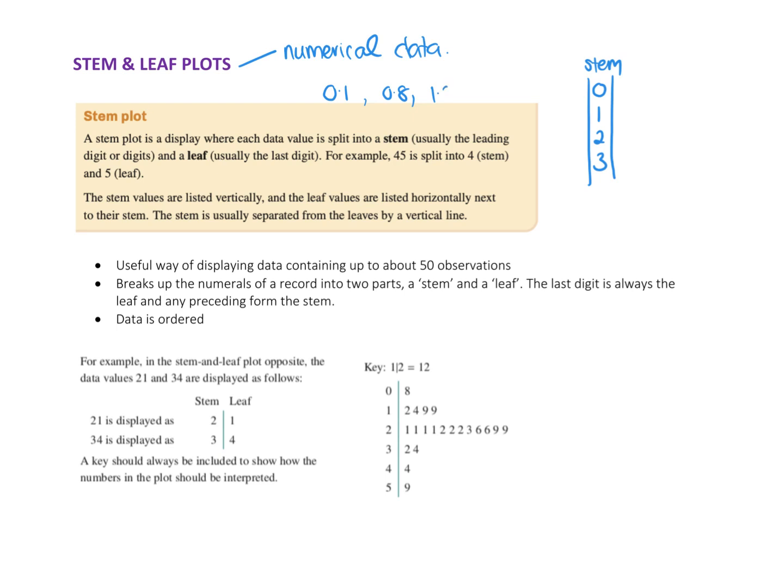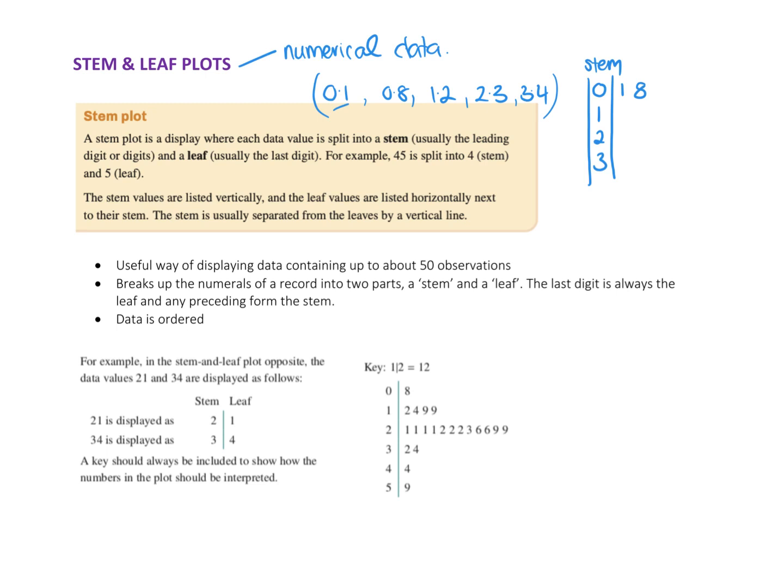I'm just making up this data. Okay, so say that was our set of data there. What I'd do if I was drawing this data out as a stem and leaf plot, this number here, 0.1, I'd put there, and because I've got a 0.8, I put the 8 there.